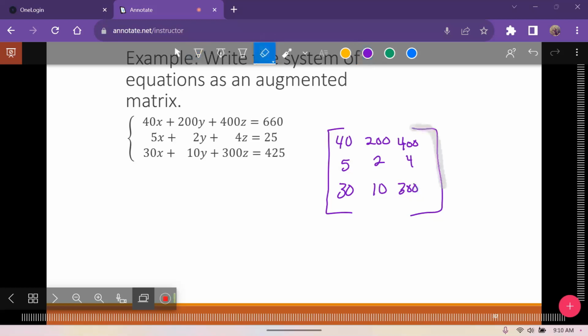And then we're going to put the solutions that they're equal to. When we write them by hand, we put that line there so we realize they're solutions. If you're doing it in a calculator, obviously that line's not there. So you just have to realize that you're saving that last column for the solutions to those equations. So that is how we write a system of equations into a matrix.